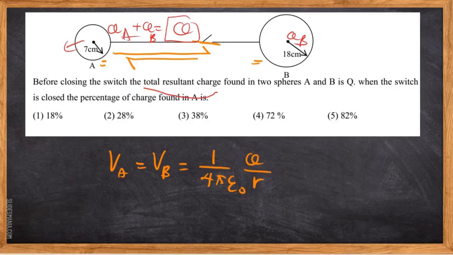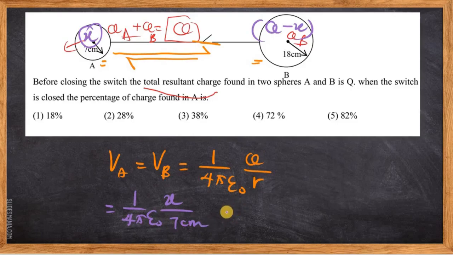Let's say now after exchanging, here we have X amount of charge and here we have Q minus X amount of charge remaining. So potential at A, I can write as 1 over 4 pi epsilon naught, X over R, the value I'll put in centimeters, so it's 7 centimeters.